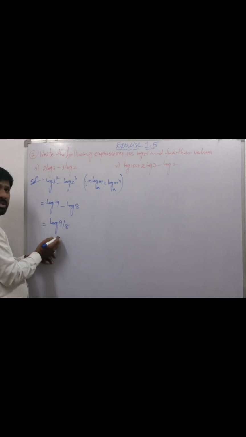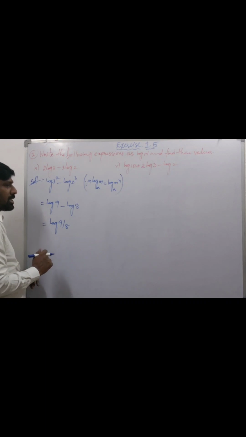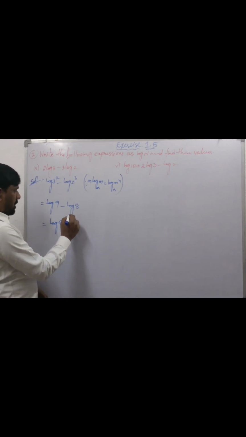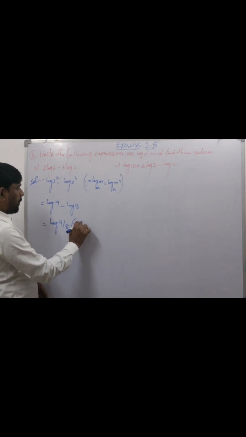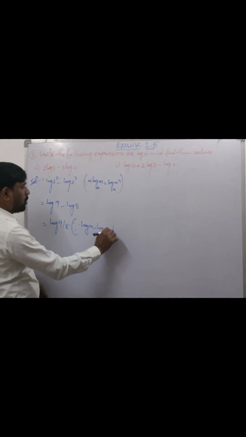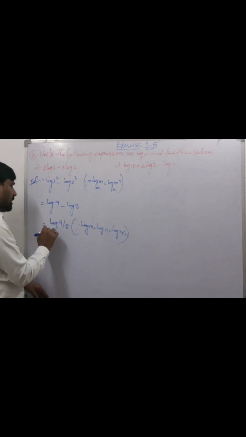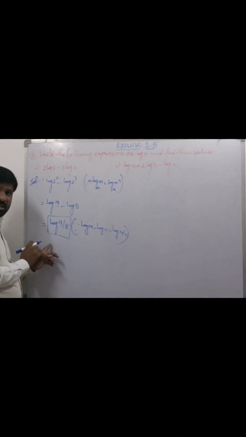If there is no base, what is this value? If there is no base, the common logarithm has base 10. Clear? Now this is in the form of logarithm of m minus logarithm of n is equal to logarithm of m by n. According to this I have written.